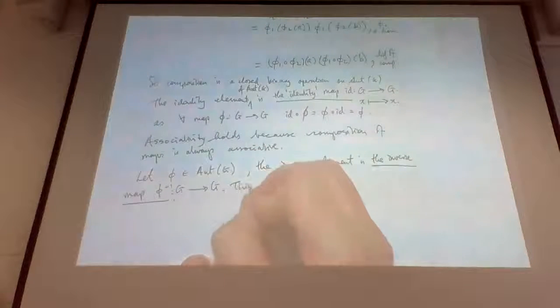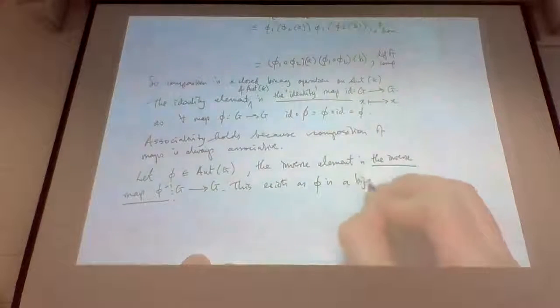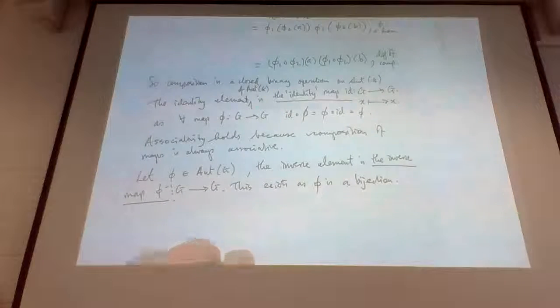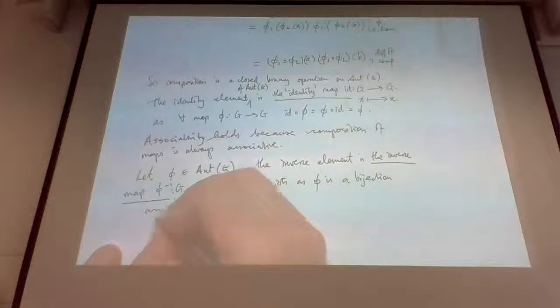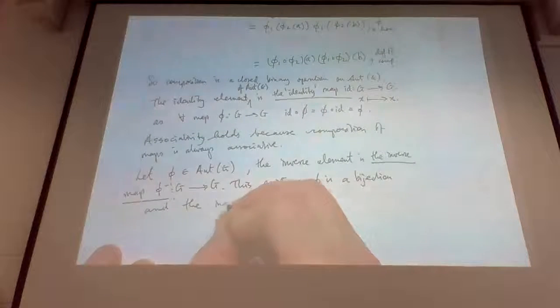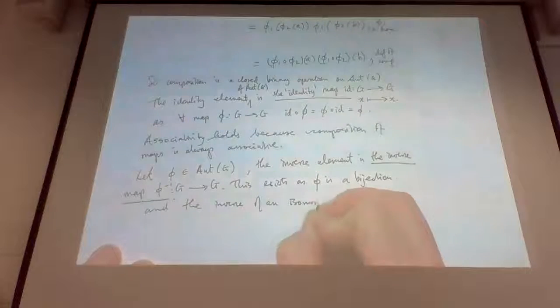This exists because phi is a bijection, and bijections have inverses. And I think I would just say the inverse of an isomorphism has the homomorphism property as well. The inverse of an isomorphism is an isomorphism.